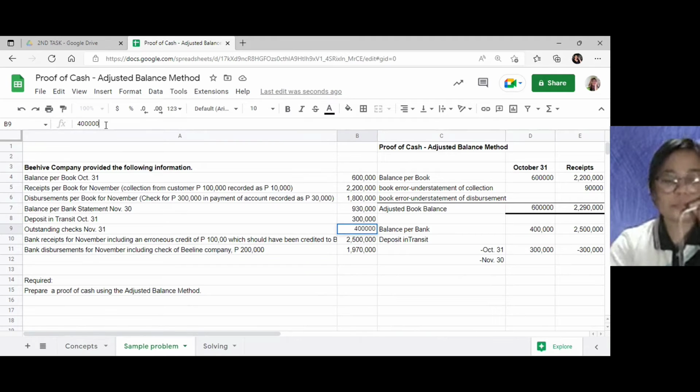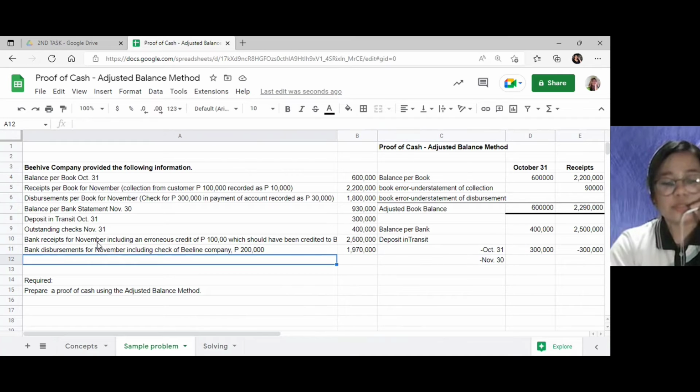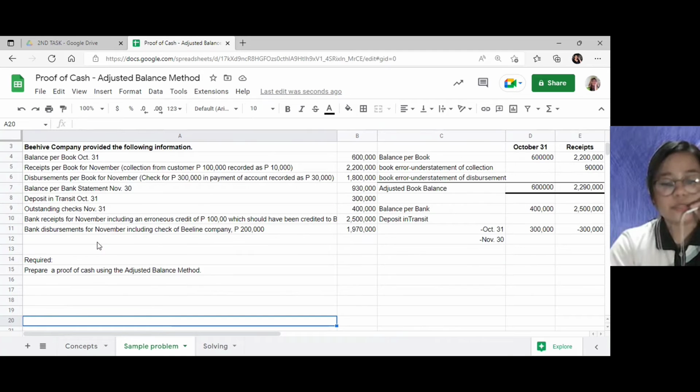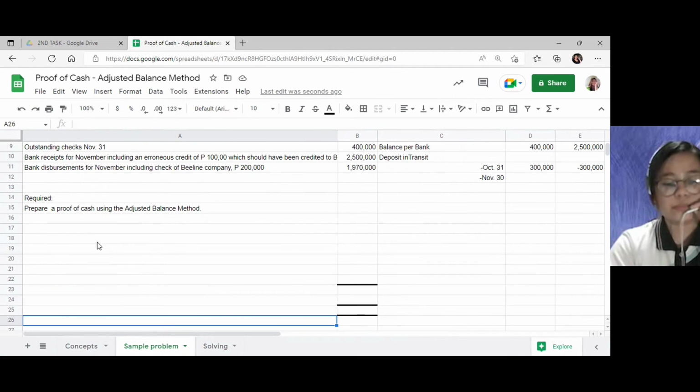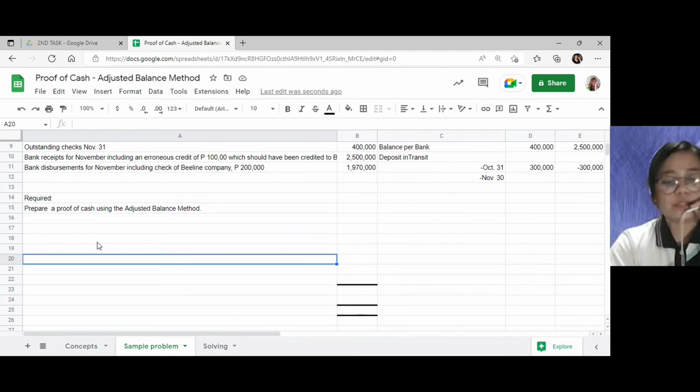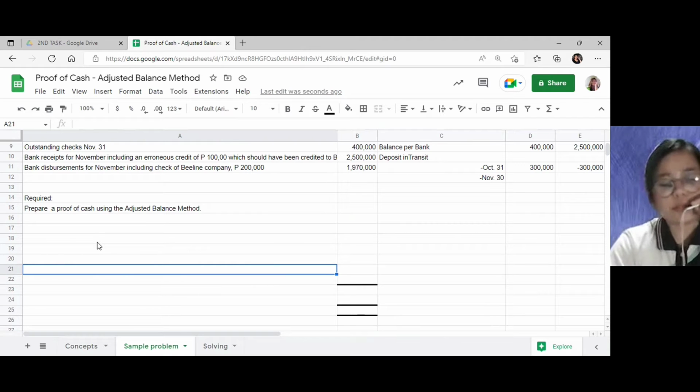Okay? So, the next thing to do, of course, we can compute for the amount of our deposit in transit sa November 30 kasi hindi siya given. So, kung hindi siya given, we can always compute that amount. So, what is the formula in computing the ending balance of the deposit in transit on November 30?